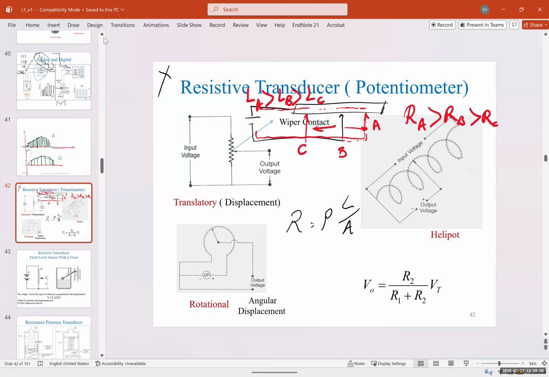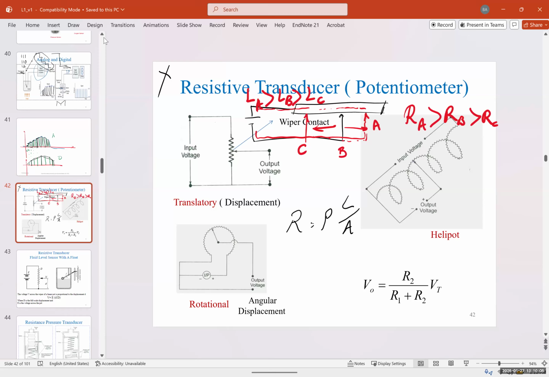An example of the translatory or helipot potentiometers, and I'll show you some examples in the lab as well, is if you have any old radio in your car or at your home, you would see that volume knob that locks in place. You have a minimum and a maximum. That's usually a potentiometer.